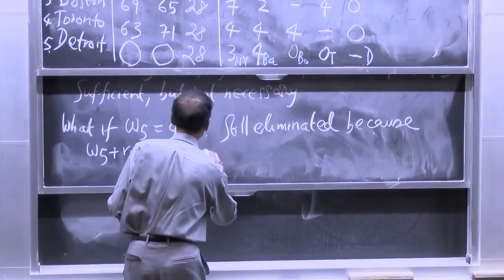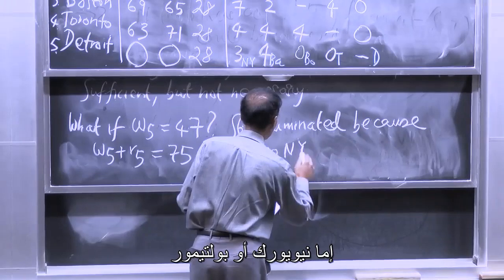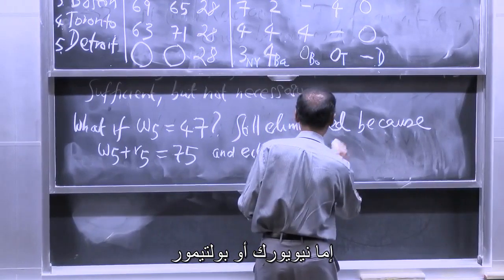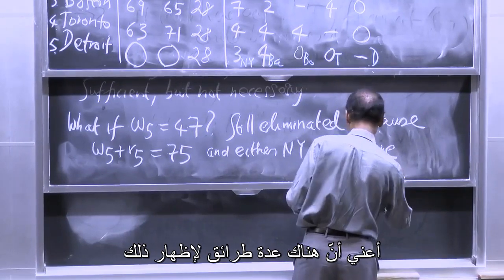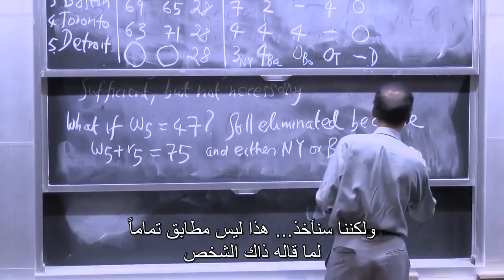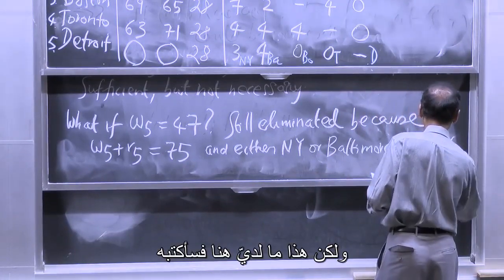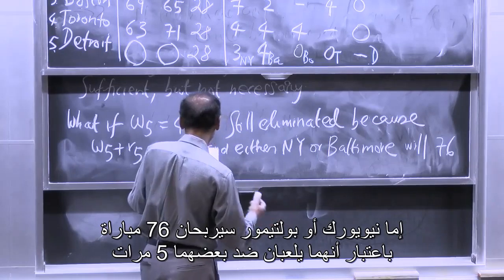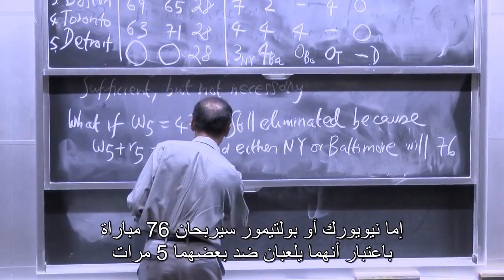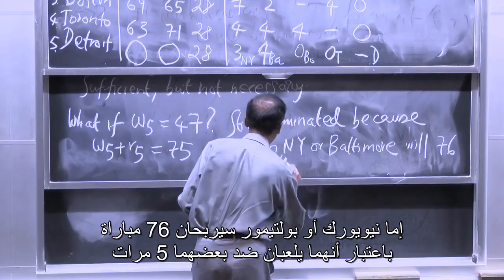But either New York or Baltimore, there's many ways you could show this, but this is not exactly what the gentleman said, but this is what I had here, so let me just write that out. Either New York or Baltimore will win 76 games since they play each other 5 times.